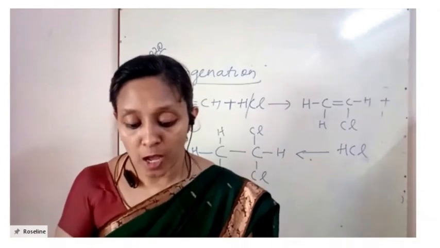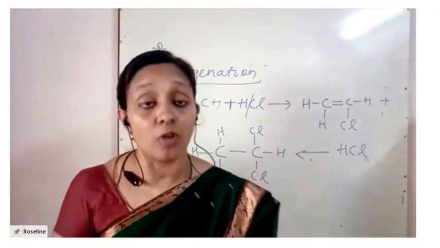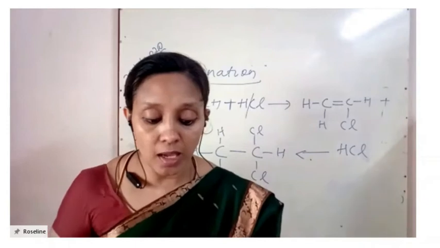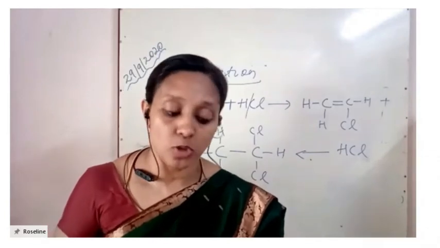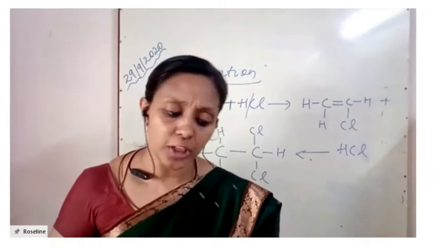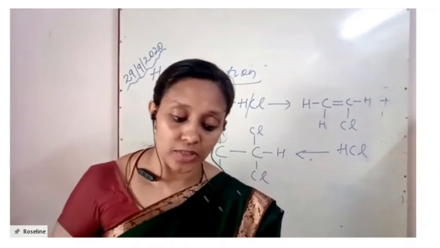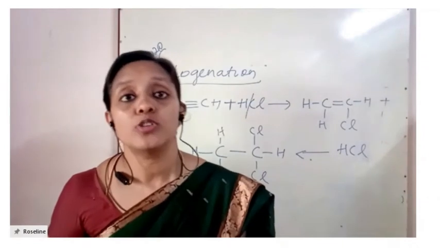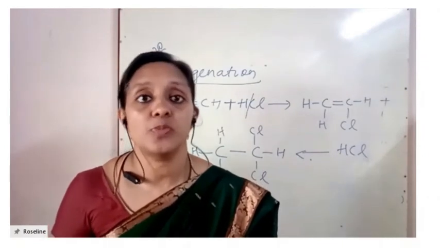On adding a few drops of bromine solution in carbon tetrachloride to the hydrocarbon, for alkanes, which are saturated hydrocarbons, no change is observed. But for alkenes, the reddish brown color of the solution gets decolorized. Alkynes also show the decolorization of this reddish brown color.